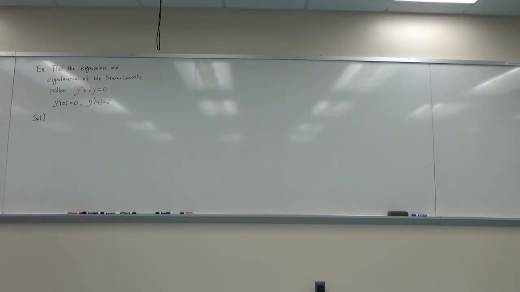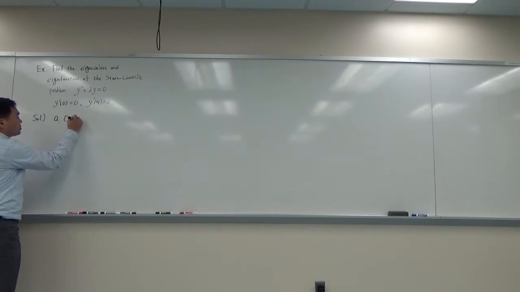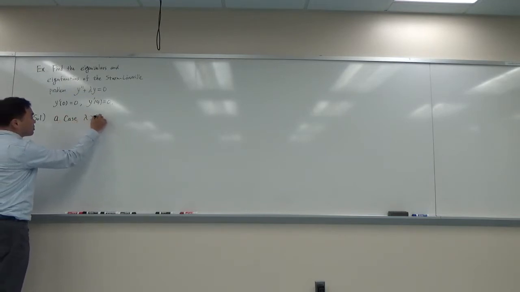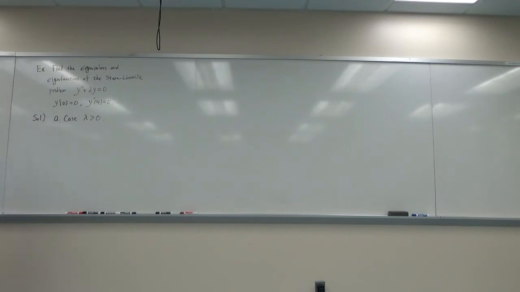Let's start with the case when lambda is greater than 0. And Sturm-Liouville problem simply means that we are looking for solutions that are not trivial. As you can see, y equal to 0 will satisfy the differential equation and the boundary conditions as well.